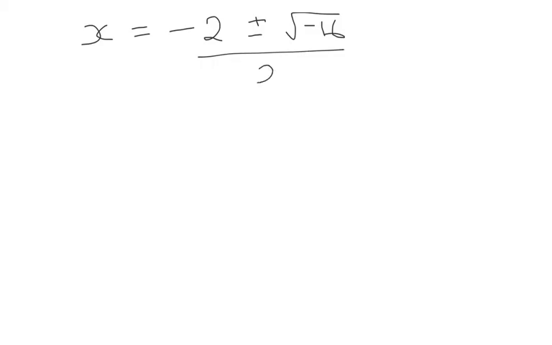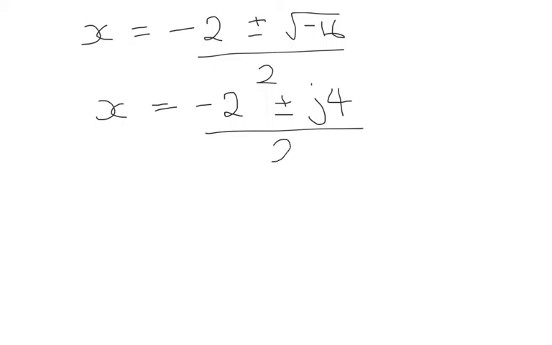Carrying on solving our equation, we had x is equal to -2 plus minus square root of -16 over 2. This is -2 plus minus j4 over 2, replacing the square root of -16 by j4.